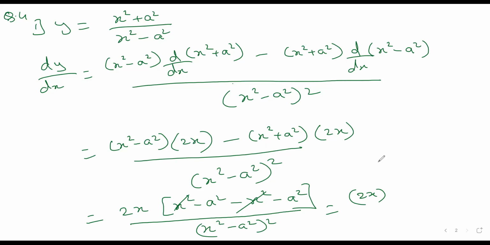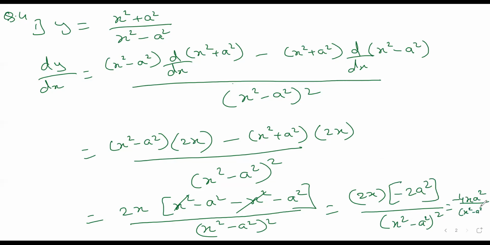So 2x and here it will become minus 2a square, whole thing upon x square minus a square bracket square. So this is your answer. Minus 4x a square upon x square minus a square bracket square. बाकी काहीच करायचं नाही आहे.